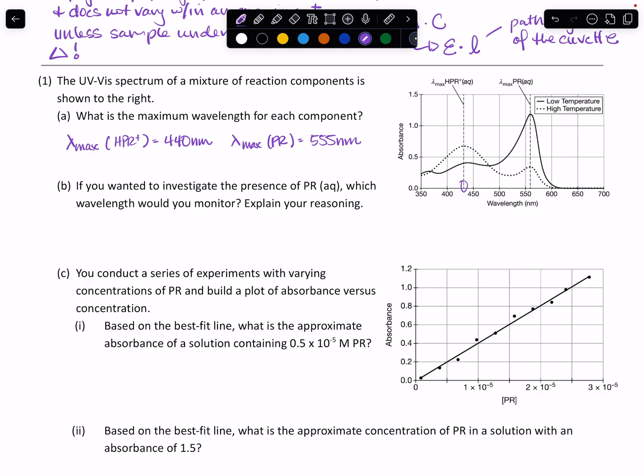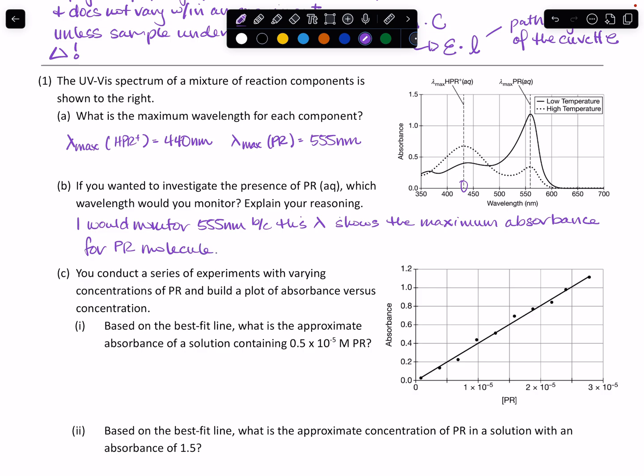If you wanted to investigate the presence of PR, which wavelength would you monitor? I would monitor 555 nanometers because this wavelength shows the maximum absorbance for the PR molecule.